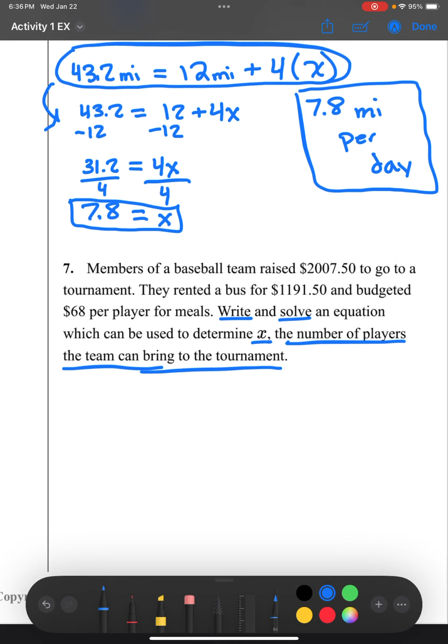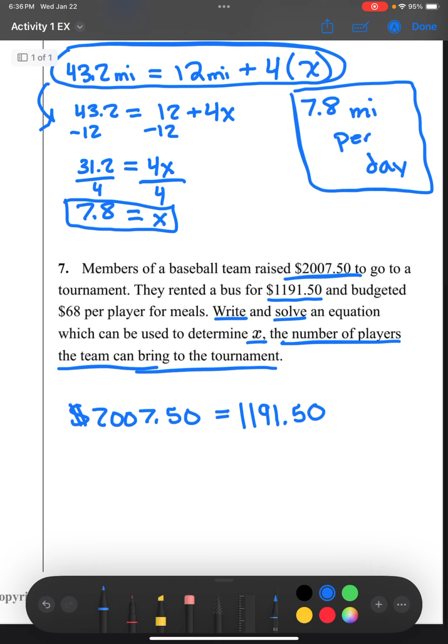So let's start with our big number, right? They raised this amount. Now, it says they've already used this much, right? They've used this much. This is an add-on to their price. They have to pay for their bus and their players, which is why we are doing how many players, x, at $68 per player. That is the equation we get here.